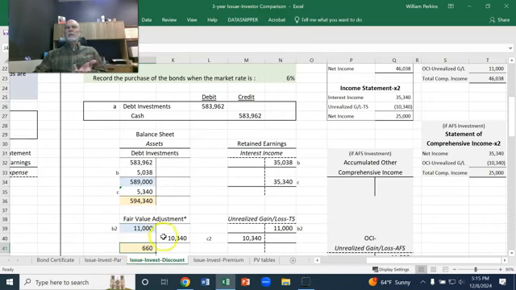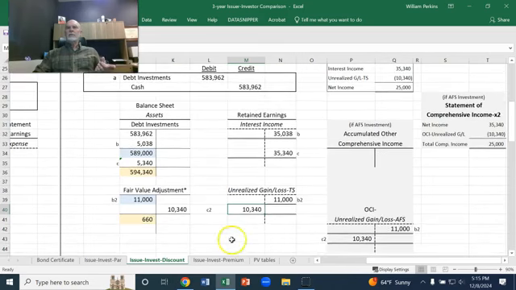We would need to credit the fair value adjustment for $10,340, and we would debit an unrealized loss. Again, the unrealized loss is on the income statement if it's a trading security, and it's on the statement of comprehensive income if it's available for sale.